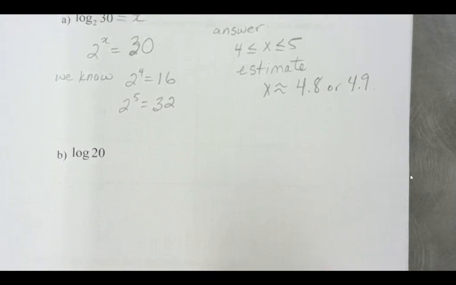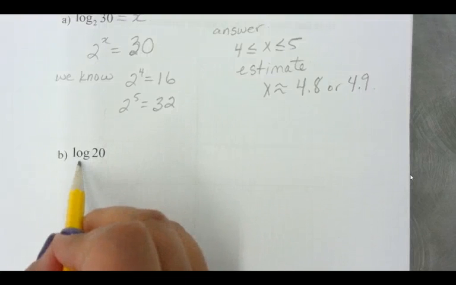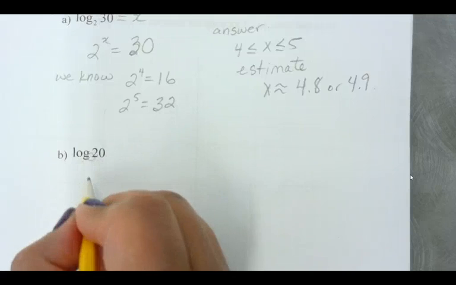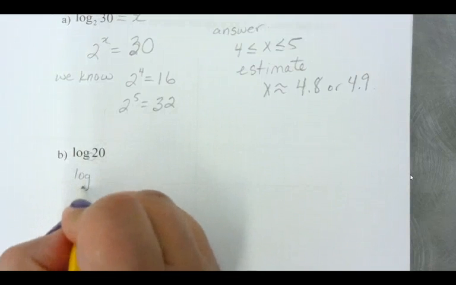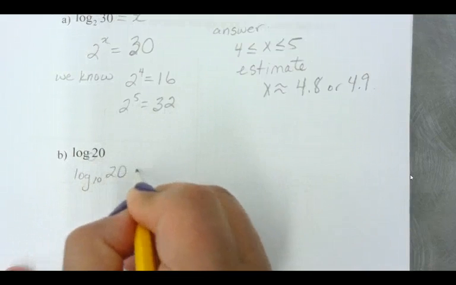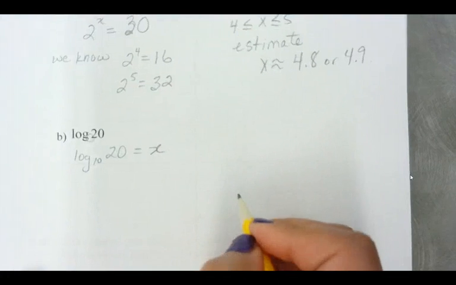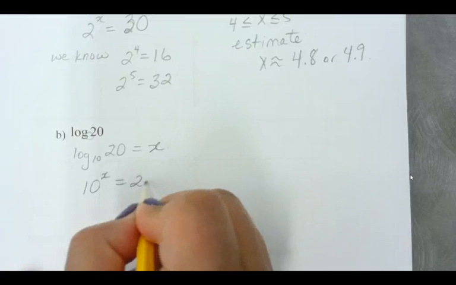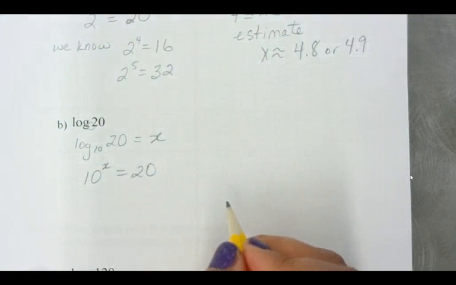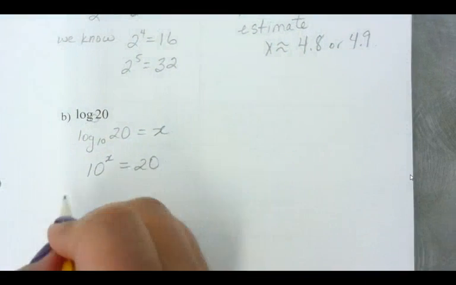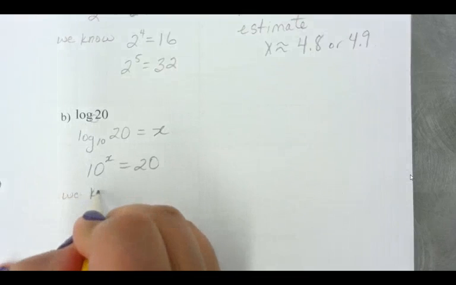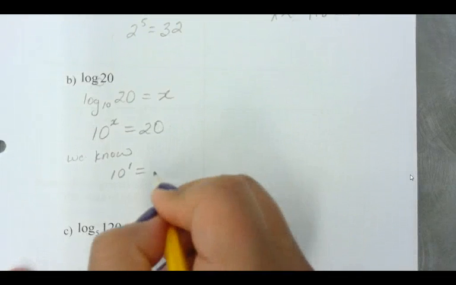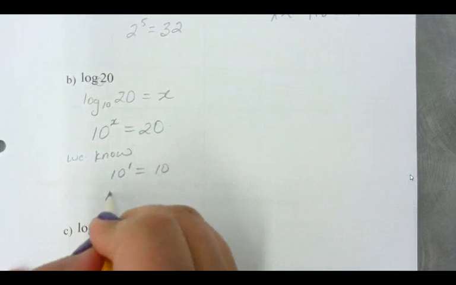And then log of 20 here, what do we remember about what log with an invisible base is? So we can rewrite this as log base 10 of 20 equals x. We want to figure out what x is. So if I write it in exponential form, I can think and guess through it. We know 10 to the power of 1 is equal to 10. What's 10 to the power of 2?